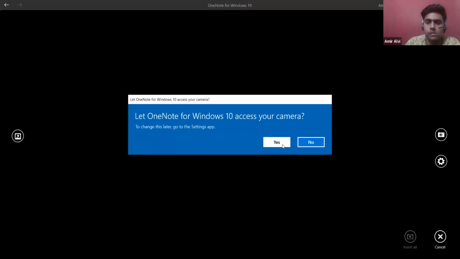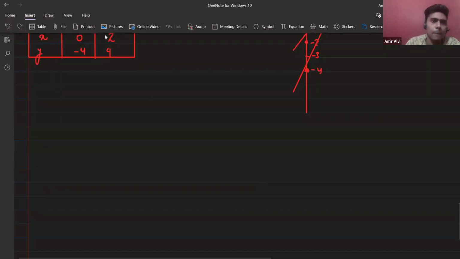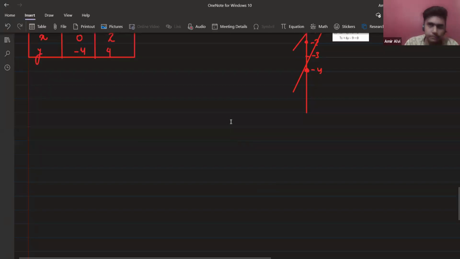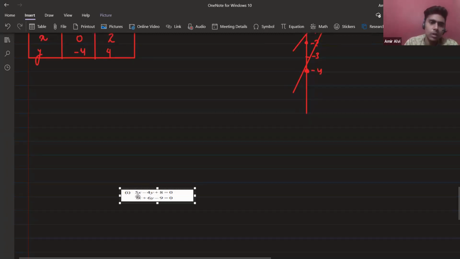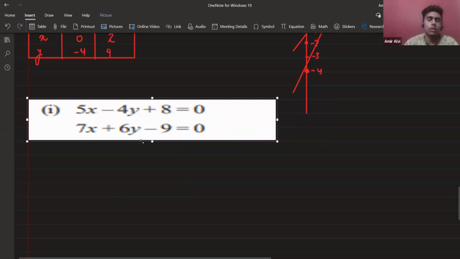You have to tell me whether this equation is coincident or parallel or intersecting.